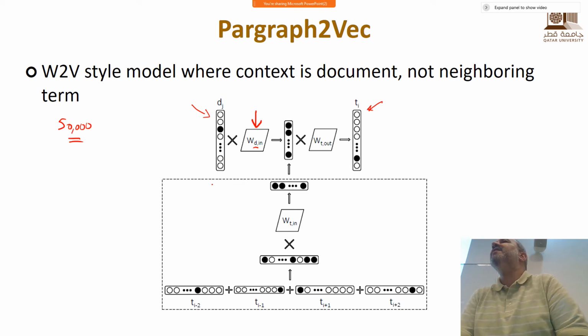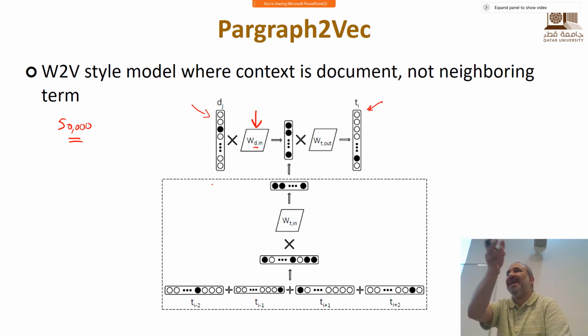A paragraph here means document. It's just a name. You can say that each document here is a paragraph. Paragraph to vec is just the name of the method.